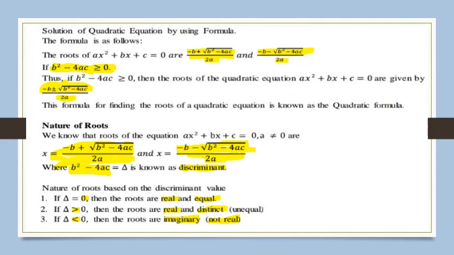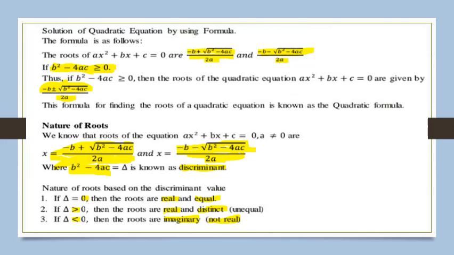Because all the terms are the same, only the sign differs. One time we write it using the plus sign, and the second time using the minus sign. This formula for finding the roots is known as the quadratic formula.